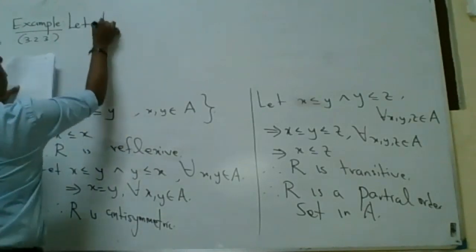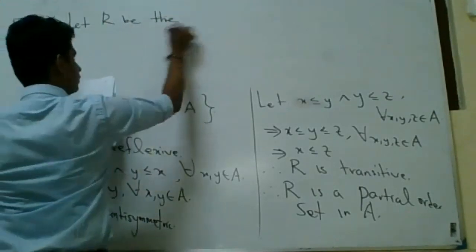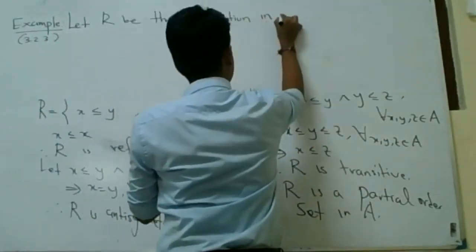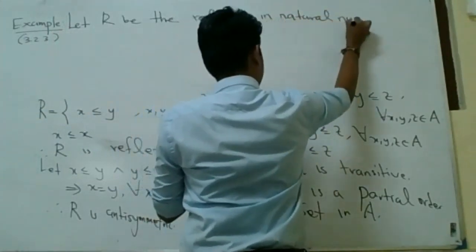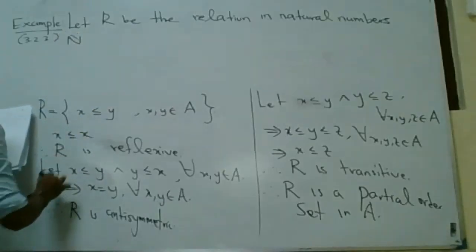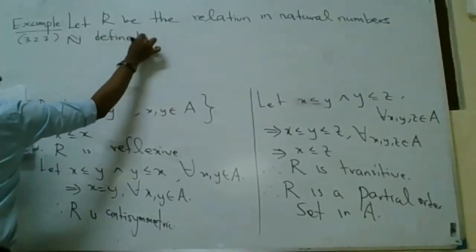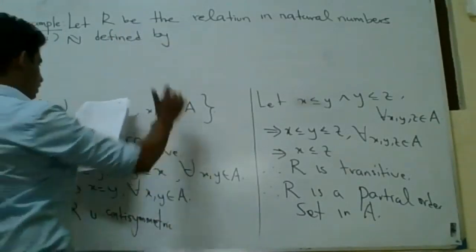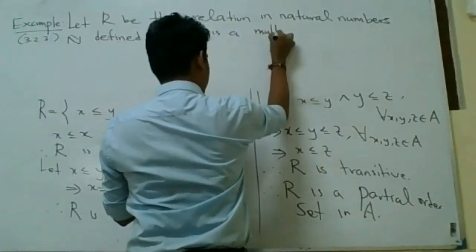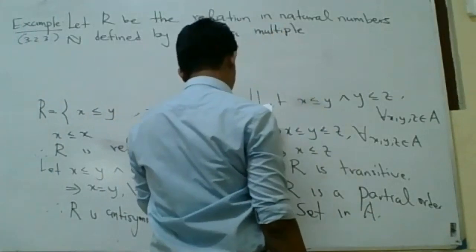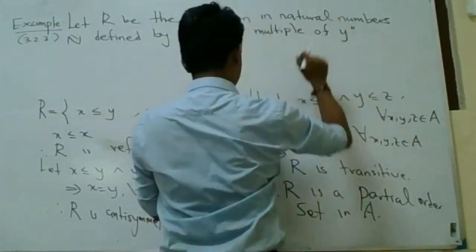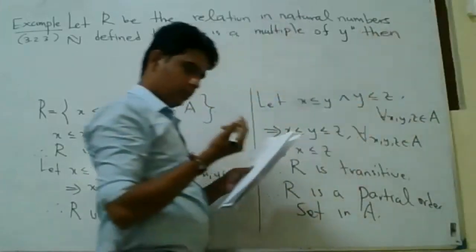Let R be the relation in natural numbers defined by x is a multiple of y.